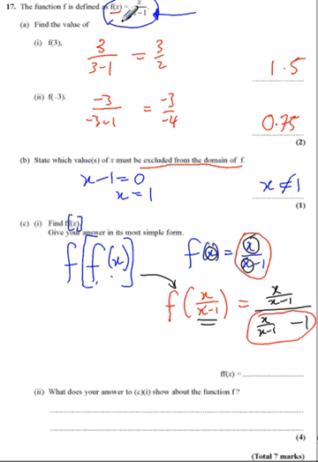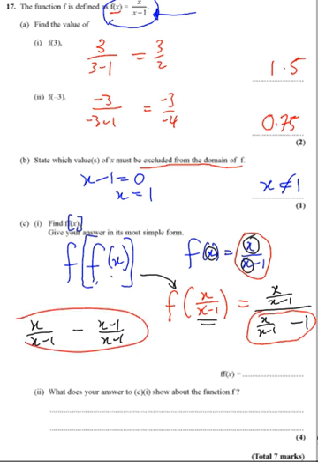Because 1 is a whole number, you could write it as 1 over 1, and then multiply top and bottom by x minus 1. So x over x minus 1 minus 1 is the same as x over x minus 1 minus x minus 1 over x minus 1. I hope you're happy with that.